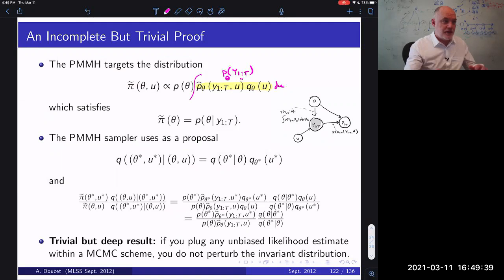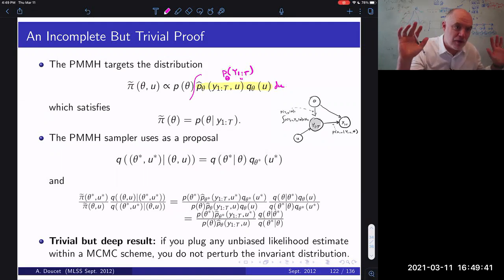Cool. So now let's do some weird, crazy, magic graphical modeling thinking. Now we have this crazy graphical model. It's the same graphical model we had before, but now we have one more latent variable u, which is just all the randomness that you use to estimate the probability of y1 to t.